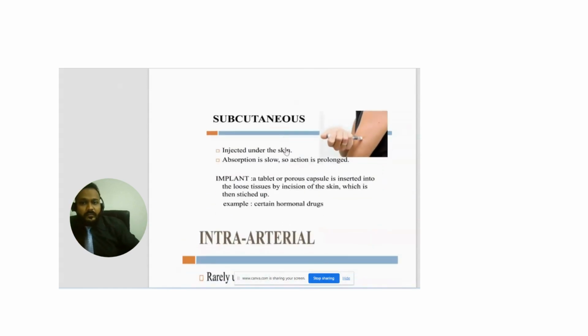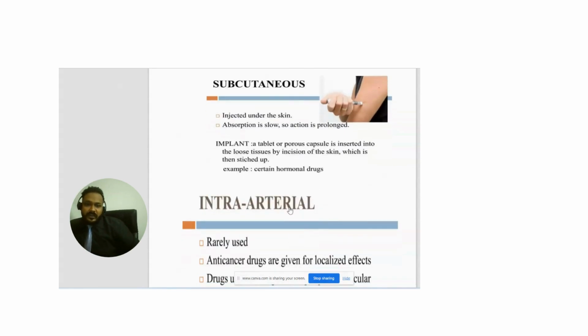Now the subcutaneous route, this route injects the drug under the skin. Absorption is very slow, so the action is very prolonged, and implants are there. Porous capsules are inserted into the loose tissue by incision of the skin, and it is stitched up. Examples: certain hormonal drugs and insulin patches are available for this route.